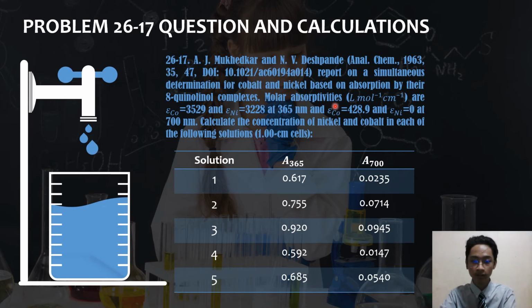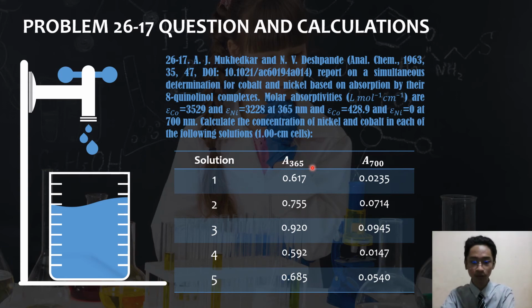Molar absorptivities are 3,529 for cobalt and 3,228 for nickel at 365 nanometer and 428.9 for cobalt and 0 for nickel at 700 nanometer. Calculate the concentration of nickel and cobalt in each of the following solutions with 1 centimeter cells.